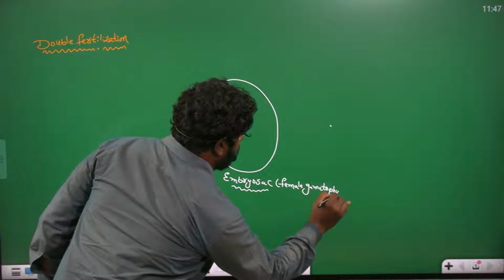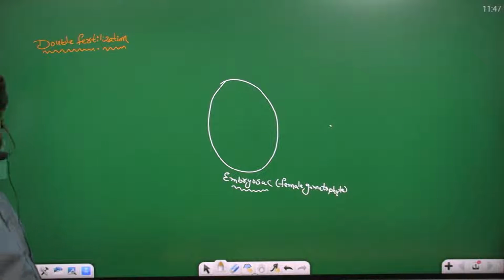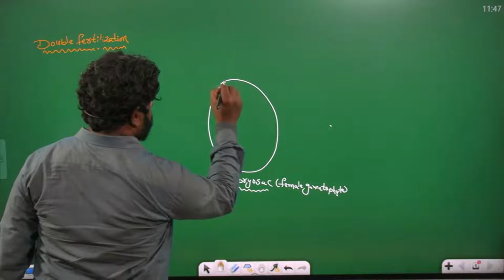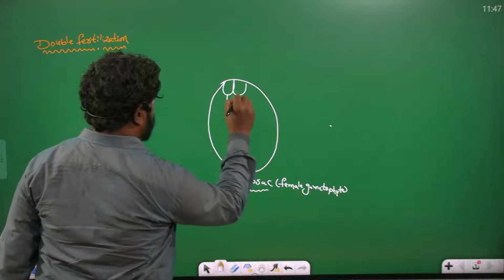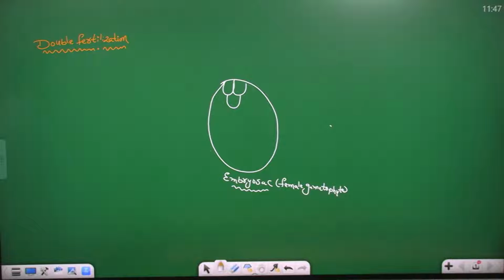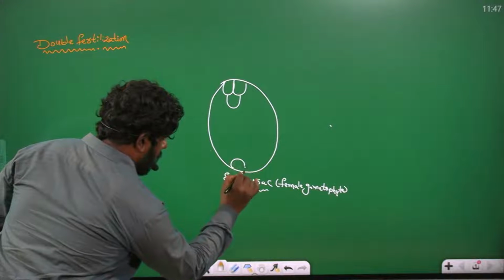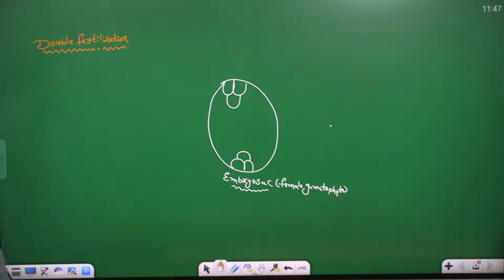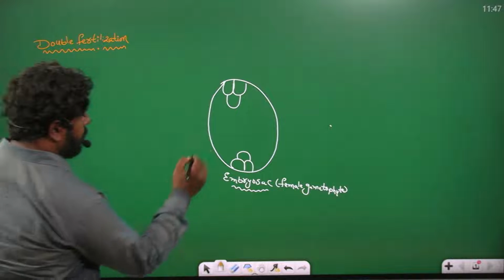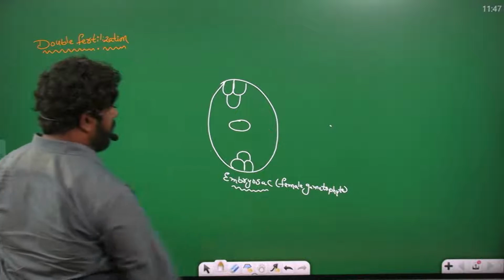The structure of the embryo sac we already discussed in the previous class. In the structure of the embryo sac, 3 cells are present towards the anterior portion, 3 cells are present towards the posterior end, and 1 large cell is present in the center of the embryo sac.